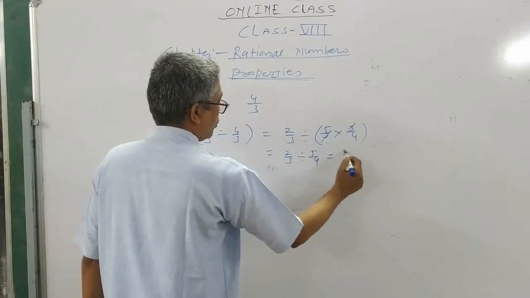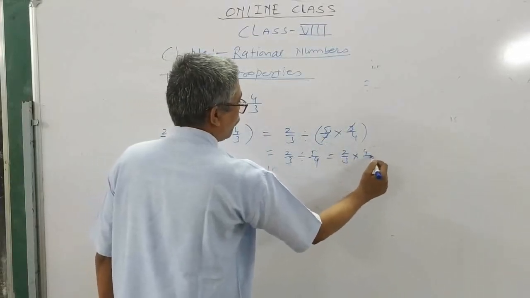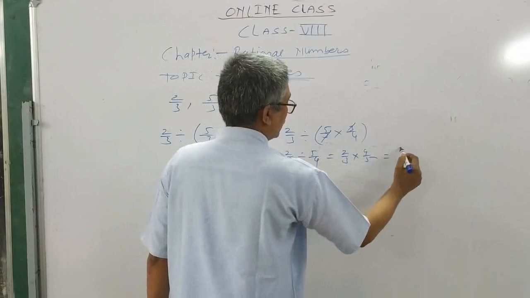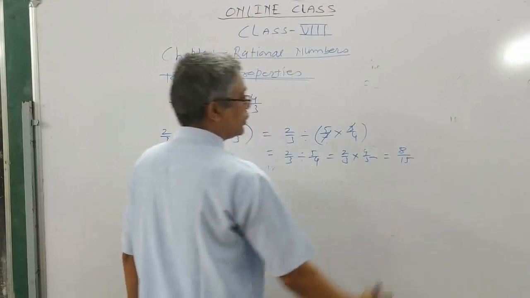So we get 2 by 3 into 4 by 5 and we get answer 4 2s are 8, 5 3s are 15.